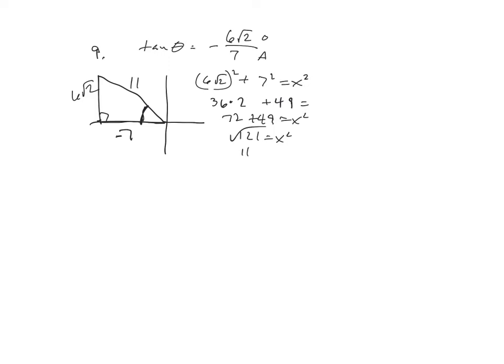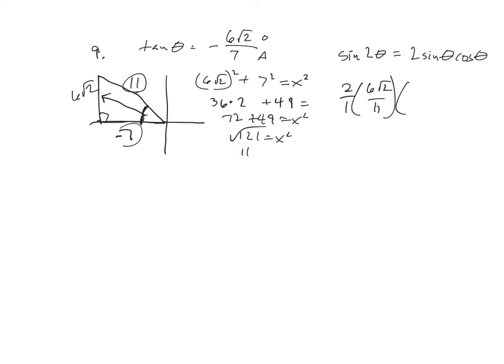So we're asked to find the sine of 2 theta, and the formula is 2 sine theta cosine theta. So the 2 is a 2. I'm going to make it 2 over 1 just because we're going to have lots of fractions. The sine is opposite over hypotenuse, so 6 square root of 2 over 11.